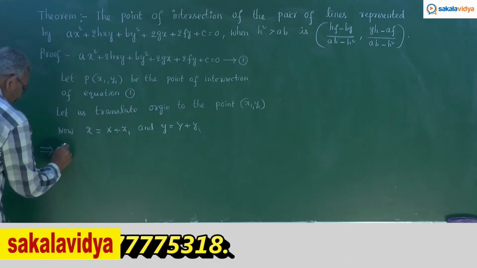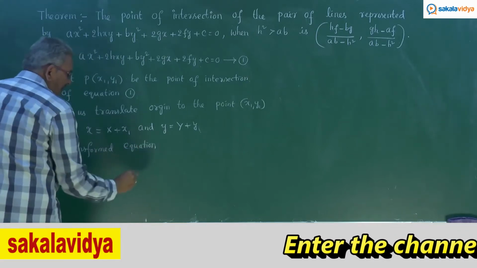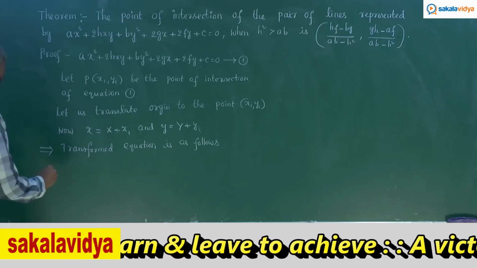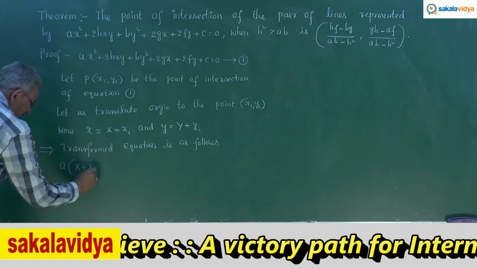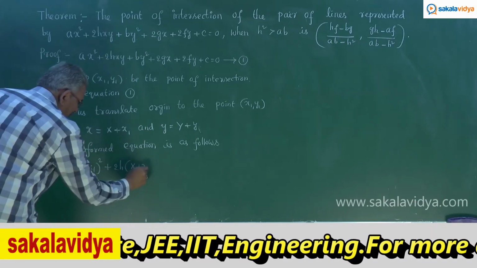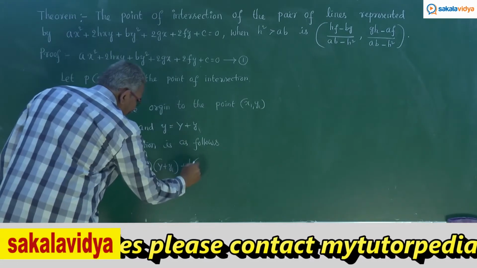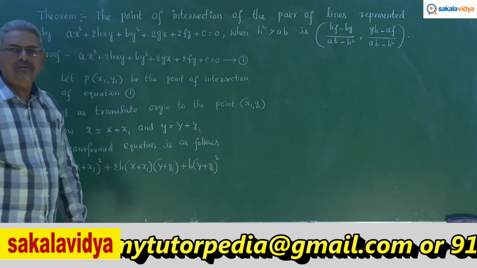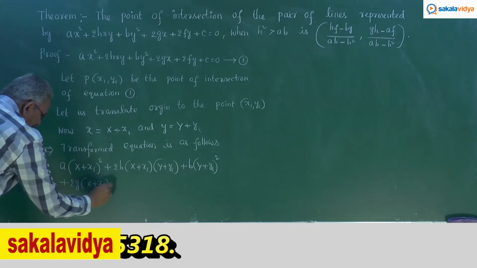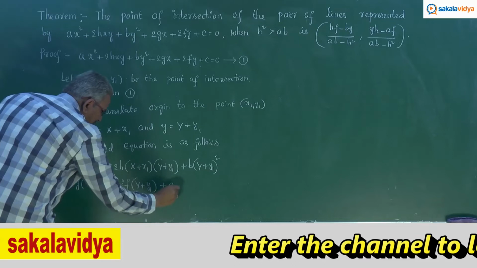We get the transformed equation as follows: a multiplied by capital X plus x1 whole square, plus 2h multiplied by capital X plus x1 times capital Y plus y1, plus b into capital Y plus y1 whole square, plus 2g of capital X plus x1, plus 2f of capital Y plus y1, plus c equals to 0.